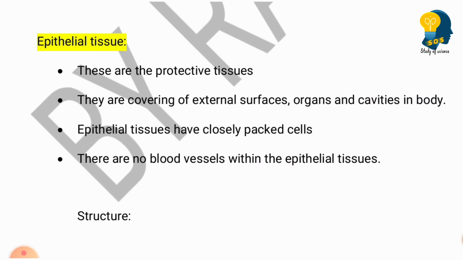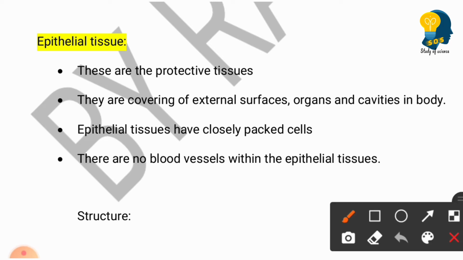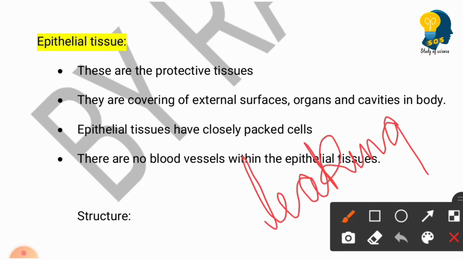Now, what would have happened if they had intercellular spaces between them? As I told you, epithelium tissues do not have intercellular space. There is no space between the cells. If there were spaces between the cells of the epithelium tissues, what would have happened? There is a possibility of leaking. The substances would have leaked from one boundary to another.